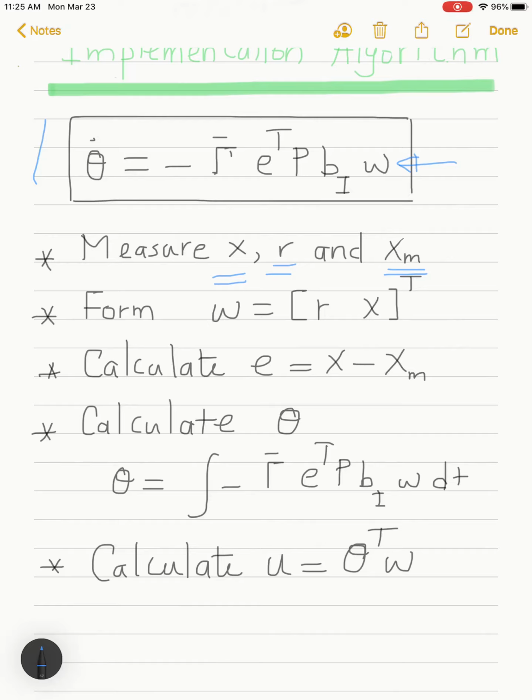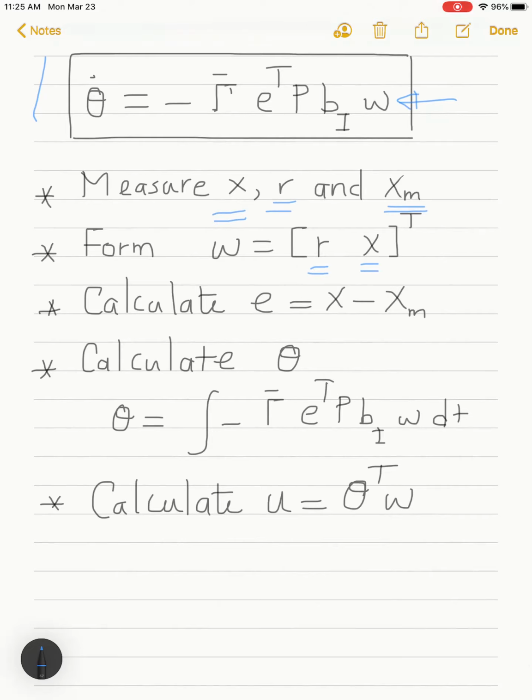So from that, we form omega, which consists of the set point and the state vector. We calculate the error, which is the difference between x and the reference model state variable xm. And then we calculate theta by integrating the adaptation equation. Once we get theta, we calculate the control signal u, which is theta transpose times omega, and we are done.